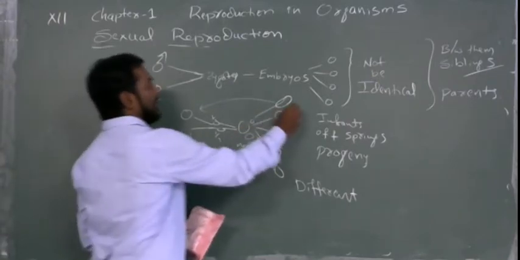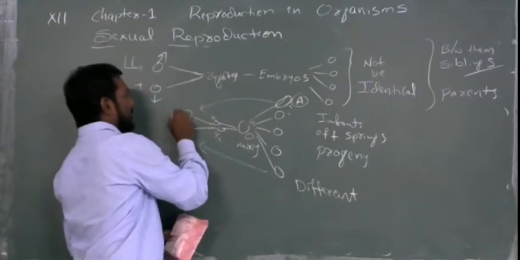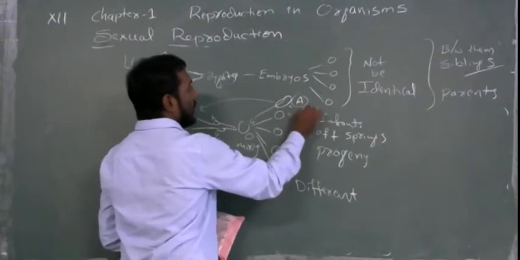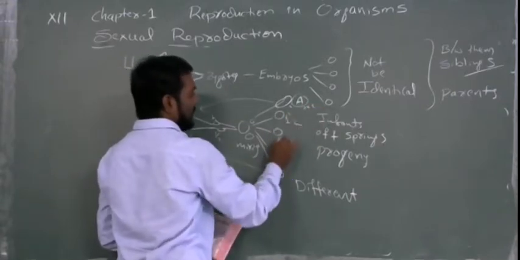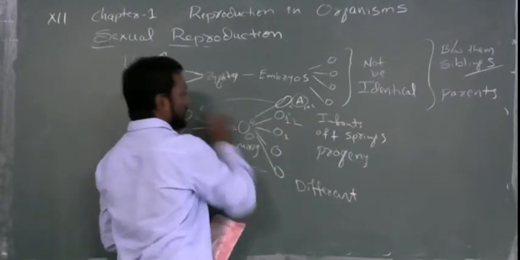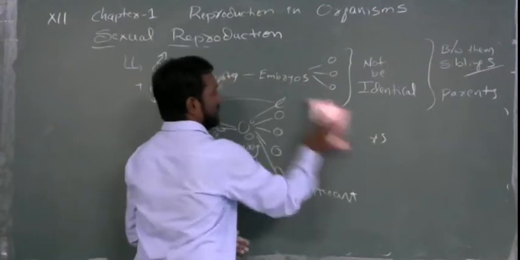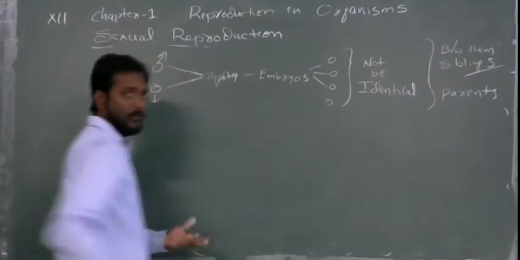Here suppose A will have the information of this 1 and this 2. Here the information in A is a modification of 1 plus 2. Here more 1, less 2; here a little of 1 and more of 2. Like this they will have different kinds of information. So, they will not be similar compared to the parents or between them.